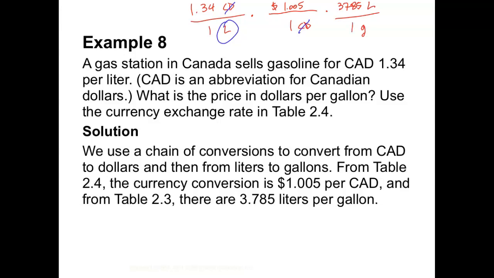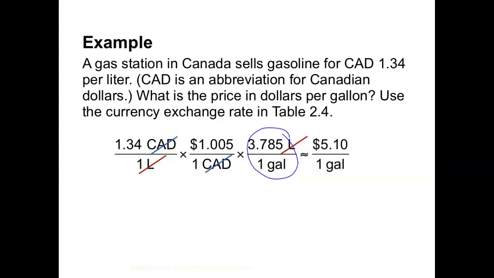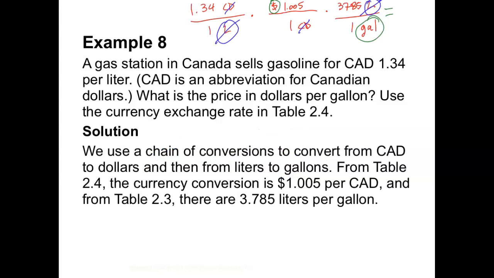And that way I have liters in the numerator, I have liters down there in the denominator. Those cancel each other out. So now when I multiply this out, I'll end in dollars per gallon, which is what I want. So just multiply straight across. We end up with about $5.10 per 1 gallon. Okay. And that's it.